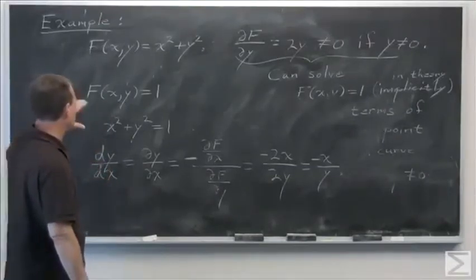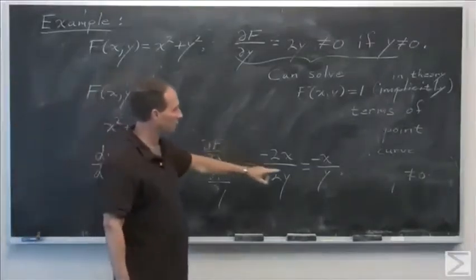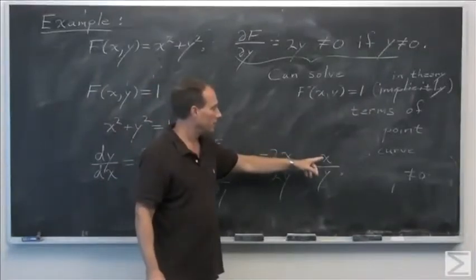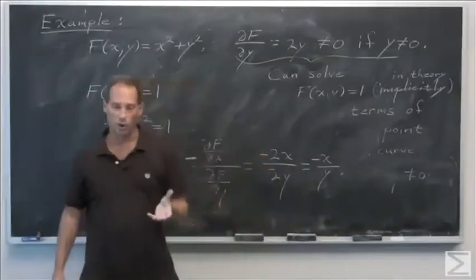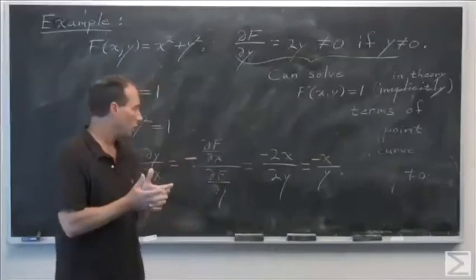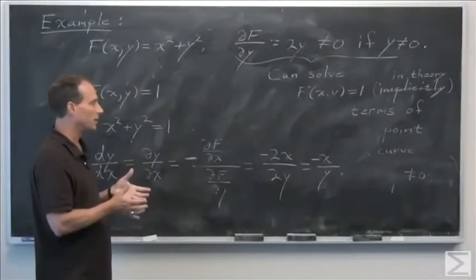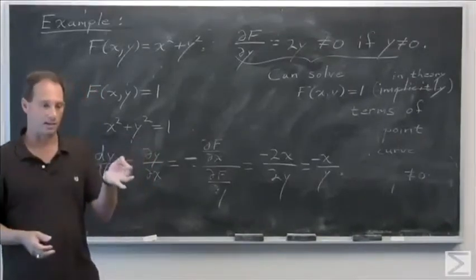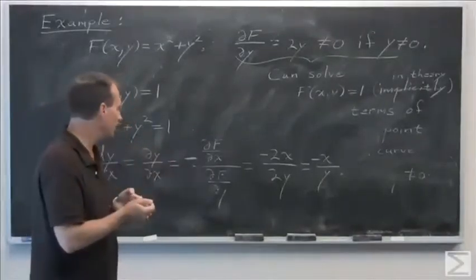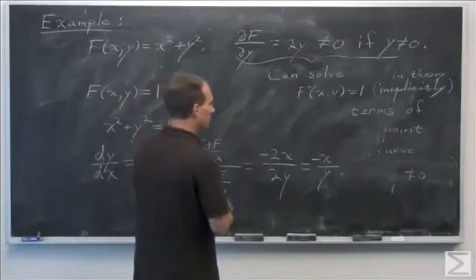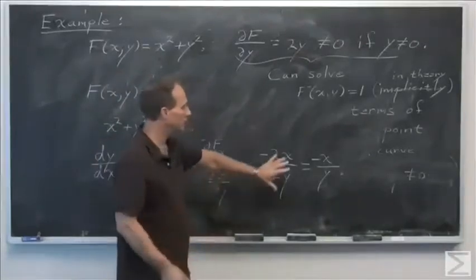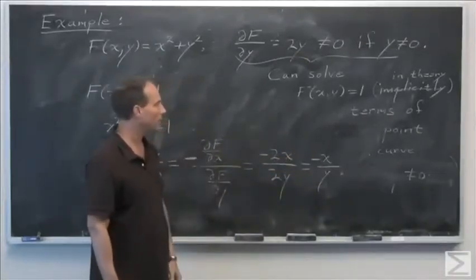Notice that to actually calculate this derivative from this formula, you will need to be given not just the value of x, but also the value of y. That's a reflection of the fact that globally, you can't solve for y in terms of x. And so you can't just be given x, because that doesn't determine the y value, so it wouldn't determine the derivative. So you need to be given the xy pair.